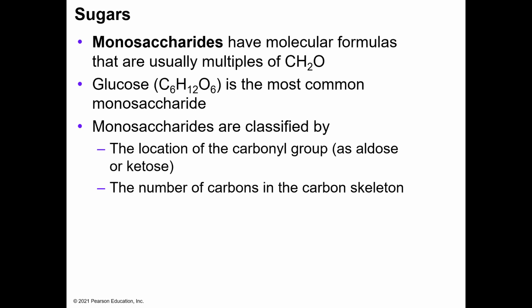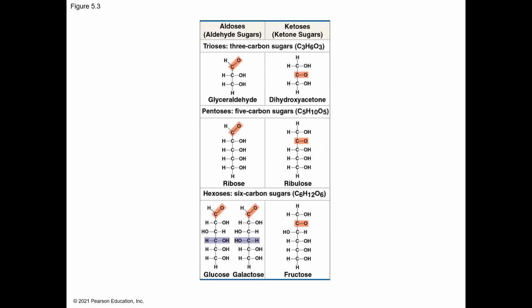Monosaccharides are classified by either the location of their carbonyl group or the number of carbons in their carbon skeleton. So there are ways of identifying the monosaccharides. However, there are a lot of them. For example, there are the aldoses and the ketoses, depending on the type of sugar.